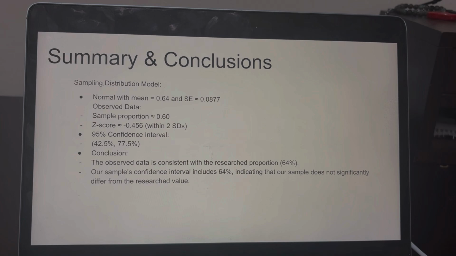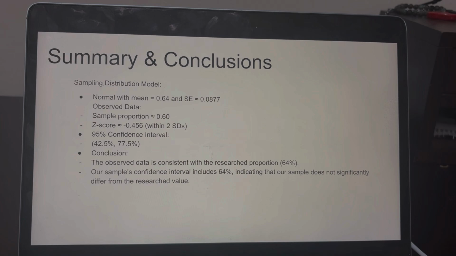The summary and conclusions are just what we got from our whole presentation. It's normal with the mean of 0.64 and standard error of approximately 0.0877 for the sampling distribution model, and the observed data is a sample proportion of 0.60, which is 18 over 30. The z-score is approximately negative 0.456, which is within the 2 standard deviations that we need.